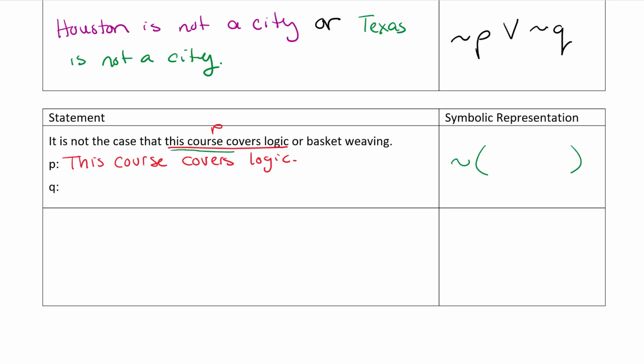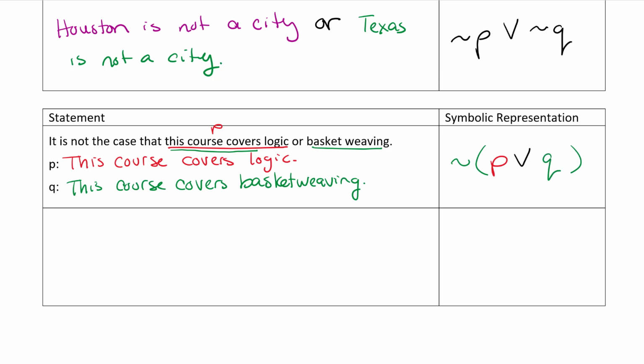So this course covers is going to be part of my Q, but then jump to basket weaving. Okay, so our statement, it is not the case that, that's a negation of P, this course covers logic, or, an or is a disjunction, this course covers basket weaving, which we called Q.